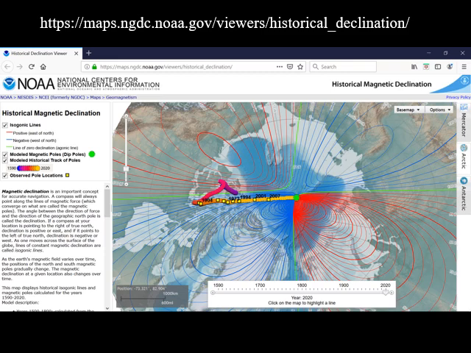Lethbridge is on the top left region of this map, and it has a positive declination of about 13 degrees. The green line marks the transitions between the blue and the red lines, and those have a declination of 0.